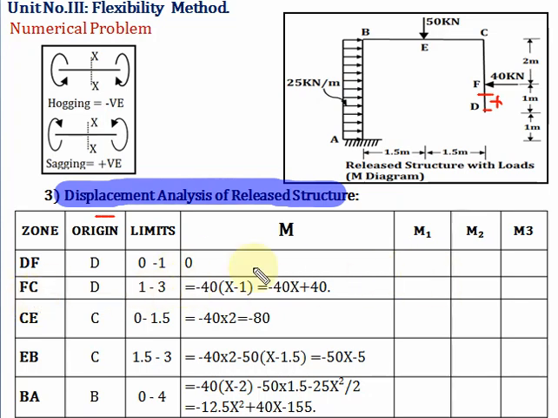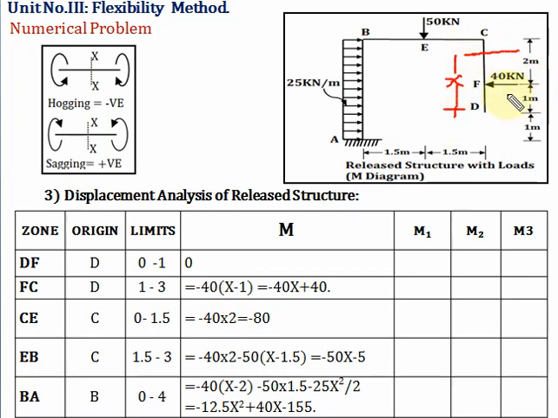Okay. Now next we are taking a section in FC. In zone FC, measuring X from where? From point D. Now here there is a force of 40 kilonewton. It will act like this. We are standing inside the frame, and the nature of bending moment will be hogging.